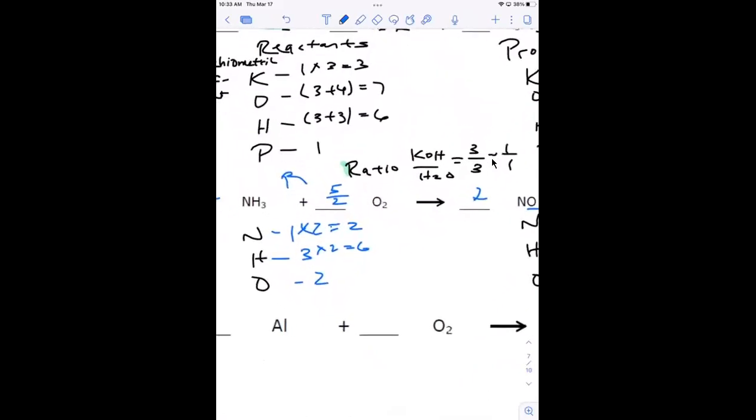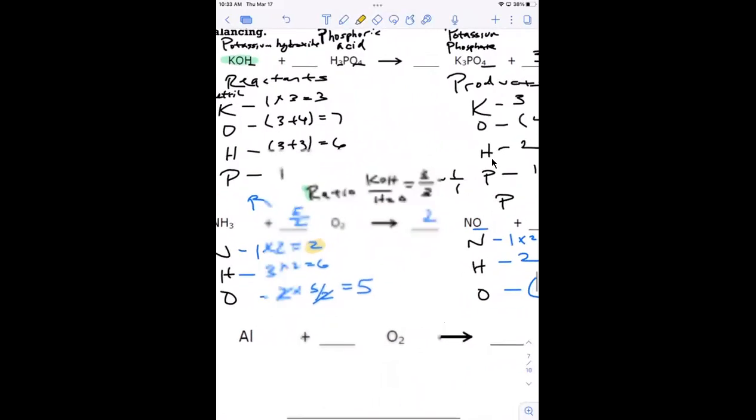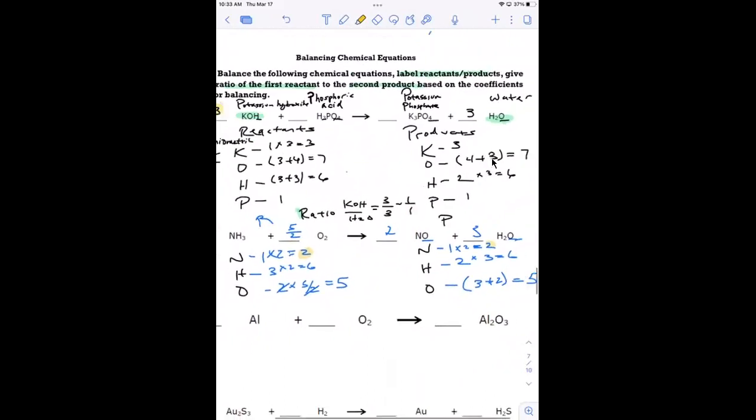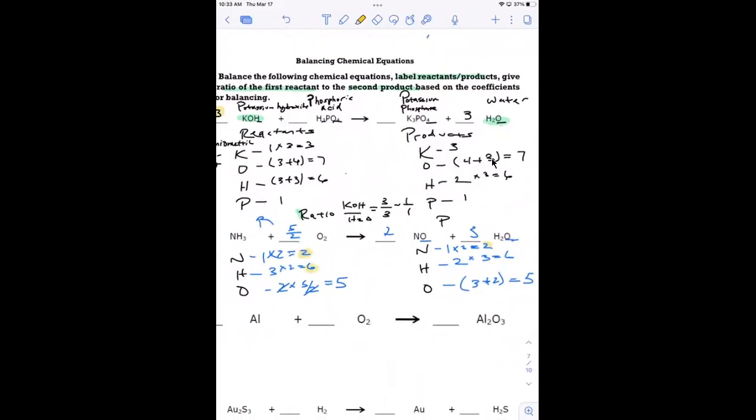So if you do this, the 2's are going to cancel. You're going to get 5. So now you can see that you have 2 nitrogens on both sides. You got 6 hydrogens on both sides, and then 5 oxygens on both sides. Sometimes when we have those diatomics, you have to use a fraction to balance them out.